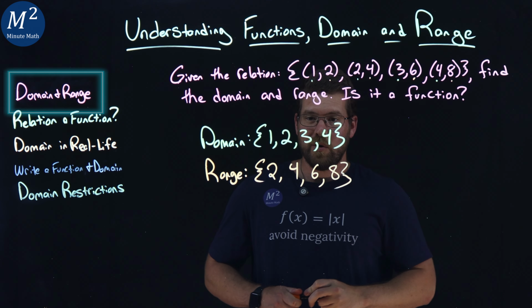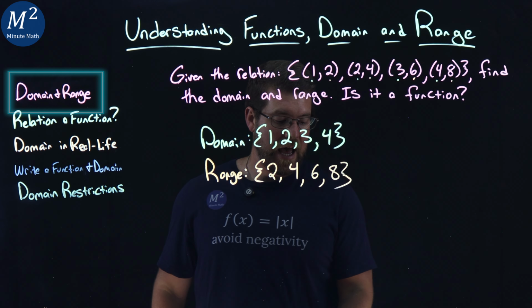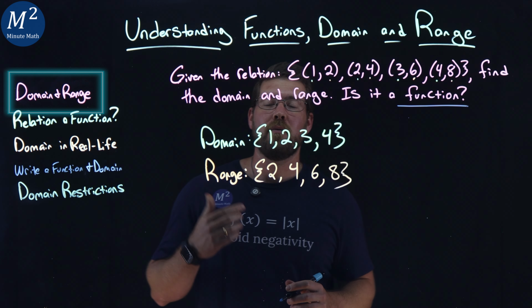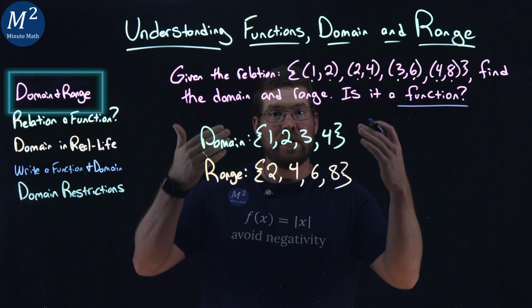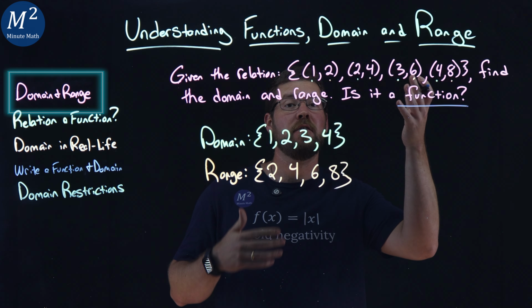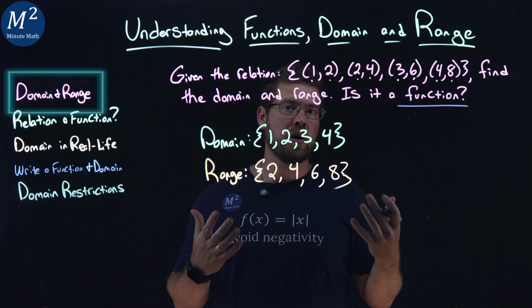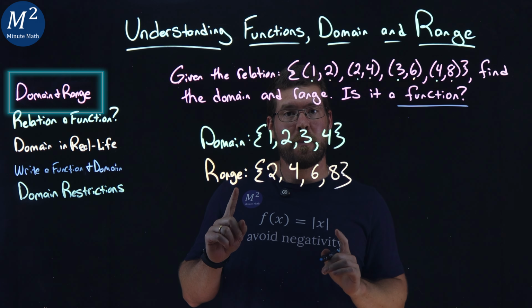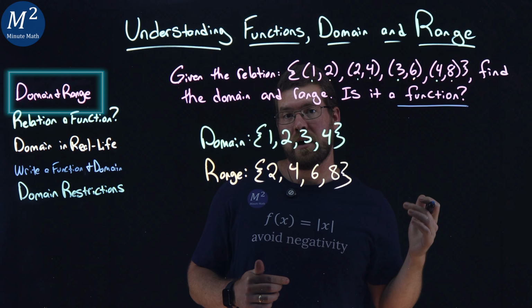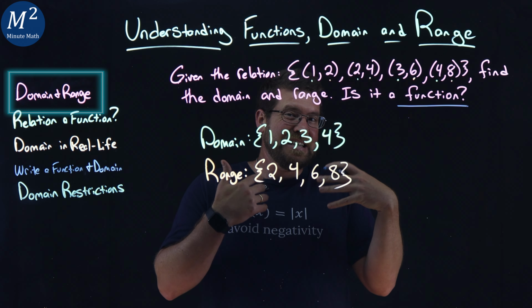And so we have our domain and range here, and now we have to determine, is it a function? Well, if you look here, no x values actually repeat. So that kind of gives us a clue. Since we have no repetition in any of our x values, we know it's going to be a function here. But if we did have repetition, we want to make sure that its paired up range value is different.